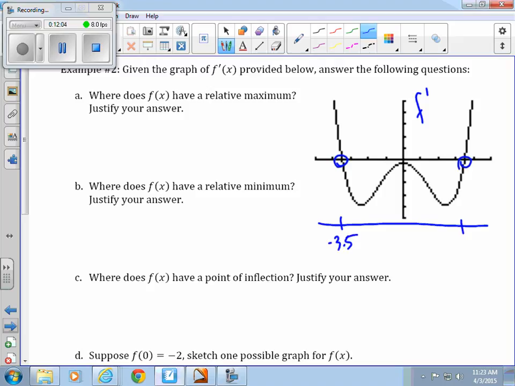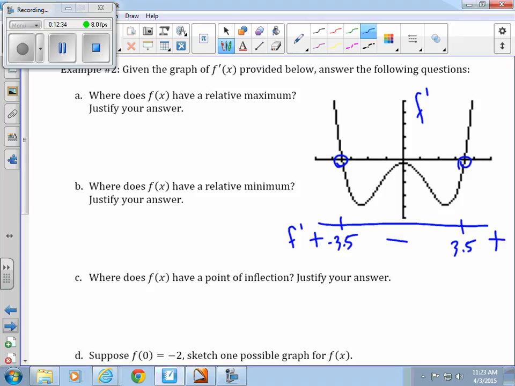We'd have to use a little bit of liberties there, but this function, the derivative, is positive because it's above the x-axis. Then it's negative because it's below the x-axis. And then it's positive because it's above the x-axis. How many of you does this really help you figure out part A? If you need to draw that graph, draw the sign chart.